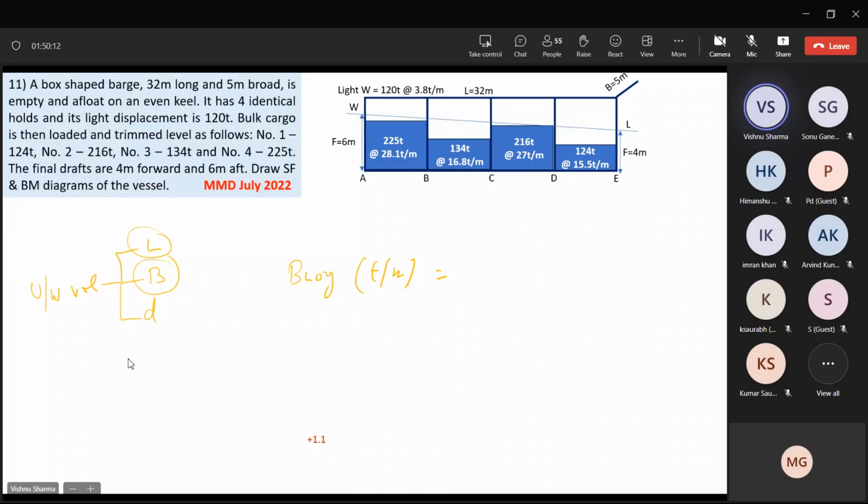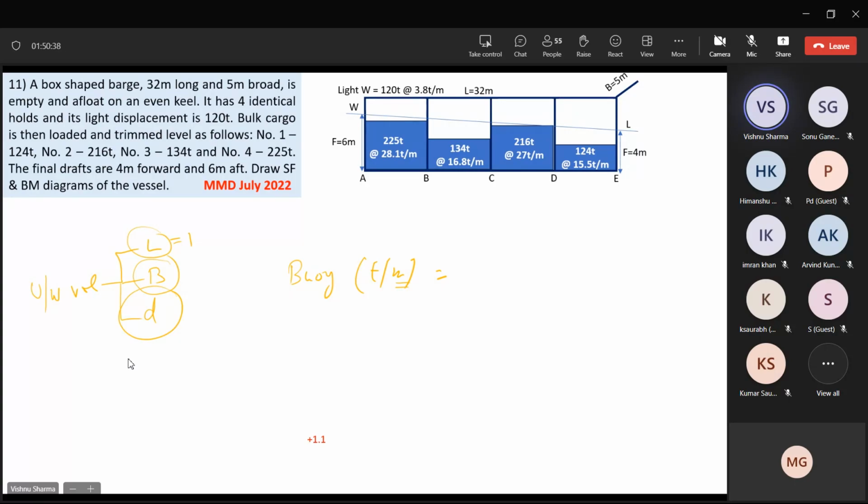Length, because we are saying per meter, so length is 1 meter. That means in this case, what is changing? In all the questions we have done until now, the draft was same. So therefore we said buoyancy is uniformly distributed. Here also the total buoyancy will be equal to the total displacement of the ship, undoubtedly. But the buoyancy is not uniformly distributed.